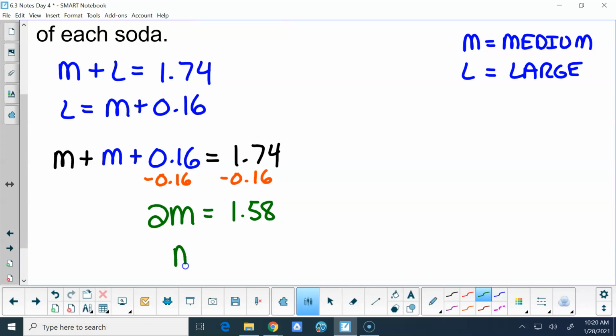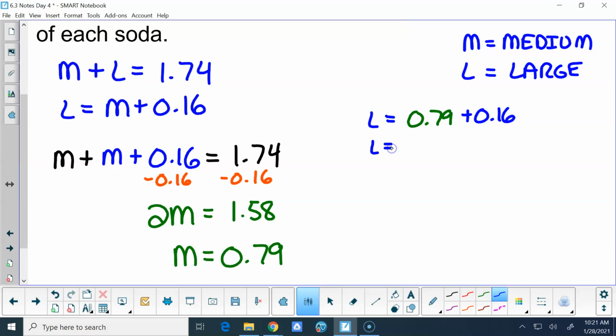So I got a medium soda is $75.79. Okay, and so if medium is 79 cents and large is going to be 79 cents plus 16 cents, so that's going to give you the large is $80.95.